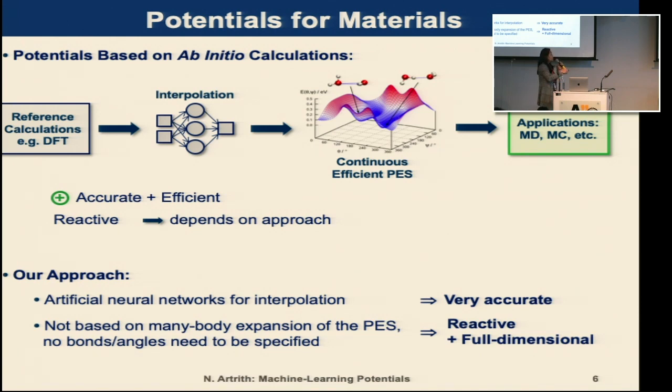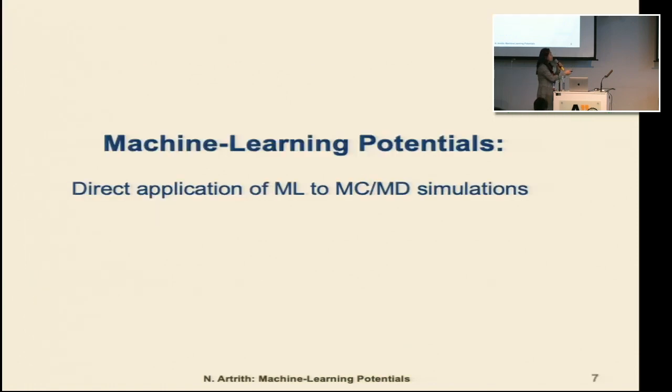Also, there is no need to know any functional form of your potential energy surface. You just need to find a way to get the descriptor. In this case, we will get a reactive and also full-dimensional potential. I will explain how we do this in the next few slides.